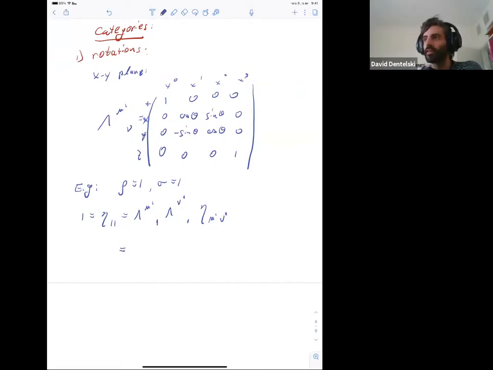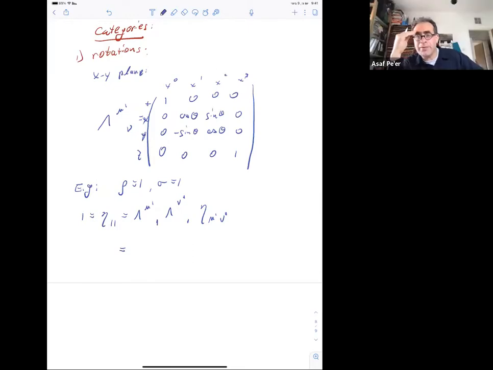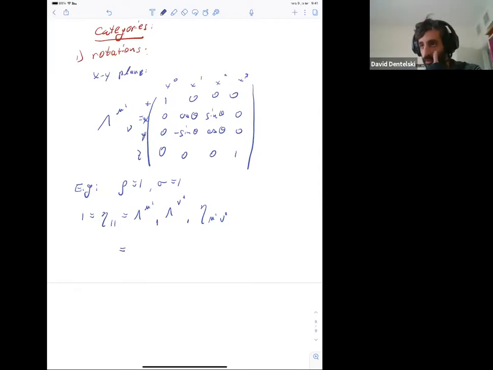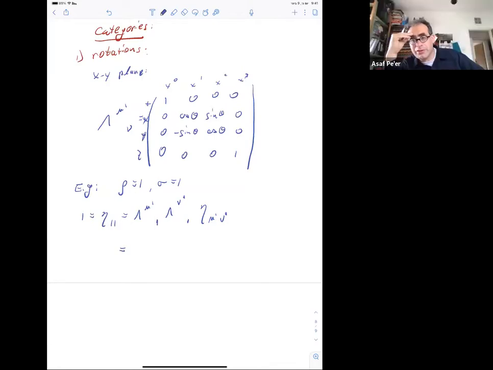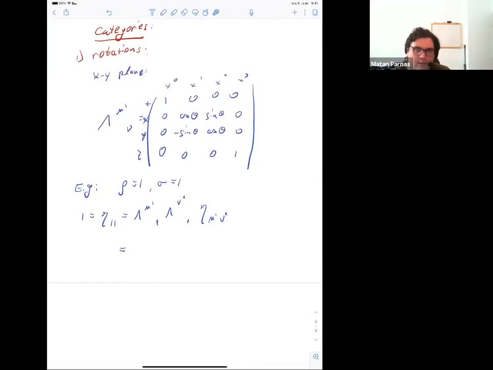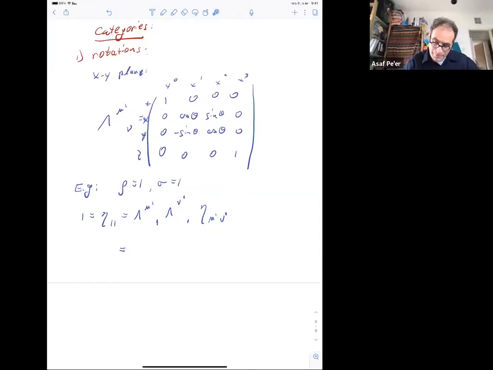If mu prime is equal to 0, what do we get? Minus 1 from eta. But what would then be the contribution from the lambda matrix? 0.